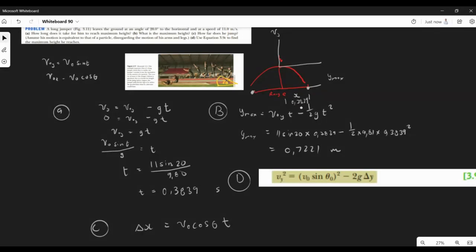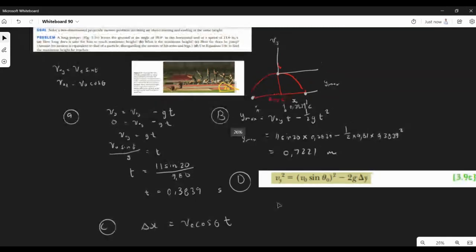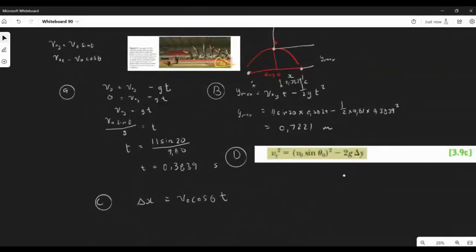But we only have the time for this particular portion, and that is 0.3839. How long do you think it'll take him to get from here to there? Let's call this A, B, and C. How long will it take him to go from B to A?